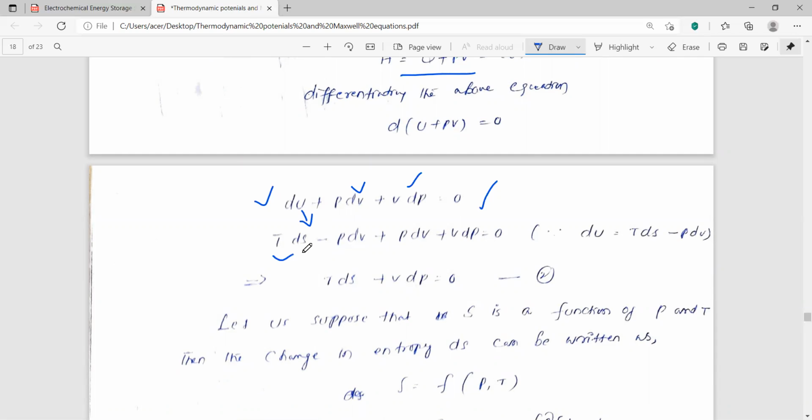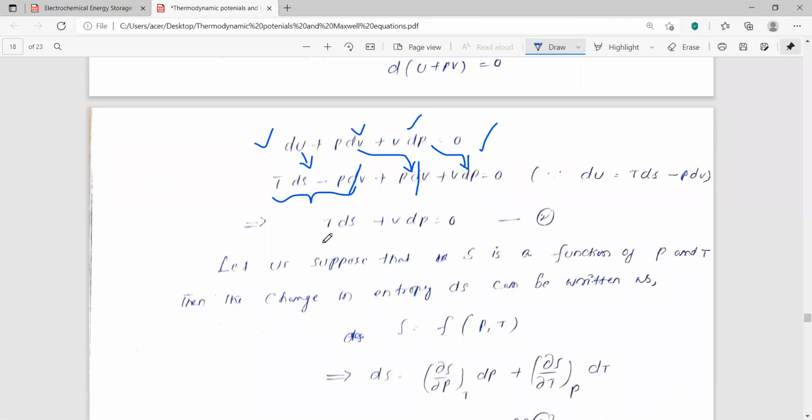If you substitute this value in place of dU, the remaining terms are written as they are, plus PdV plus VdP. The minus PdV and plus PdV cancel out. Then you get TdS plus VdP equal to 0.